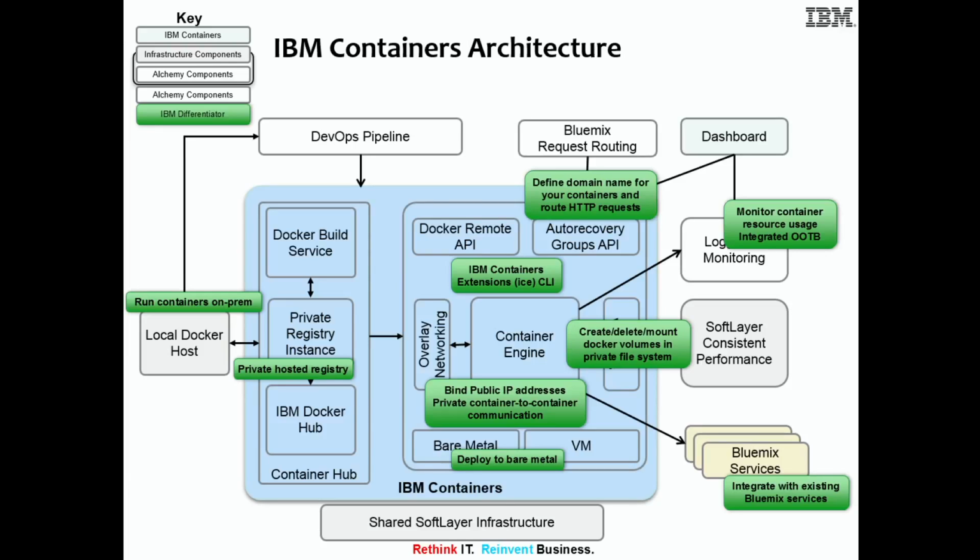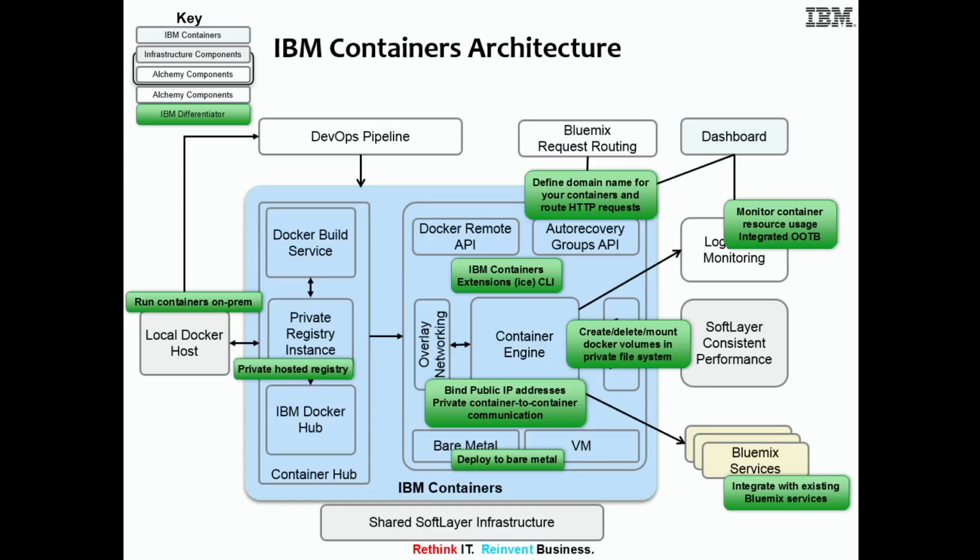So you have one machine that you use, for instance, on your table, and you can push and pull images between Bluemix Container Service and your local machines, run the images on your local Docker machine, build new images with a Dockerfile and push them to Bluemix and run them on Bluemix.